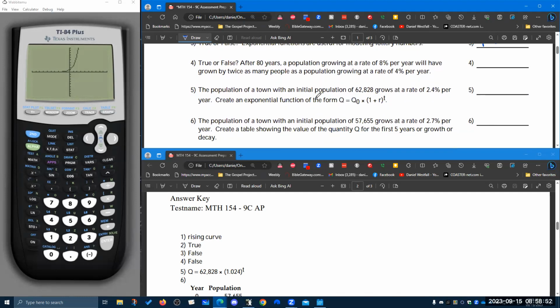True or false? After 80 years, a population growing at a rate of 8% per year will have grown by twice as many people as a population growing at a rate of 4% per year. No, that's not true. Let's go ahead and show those models though. So let's say that both communities start off with 100 people.